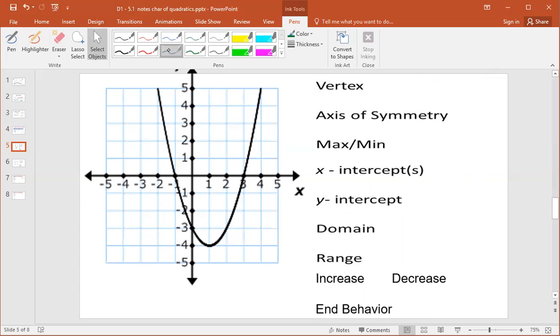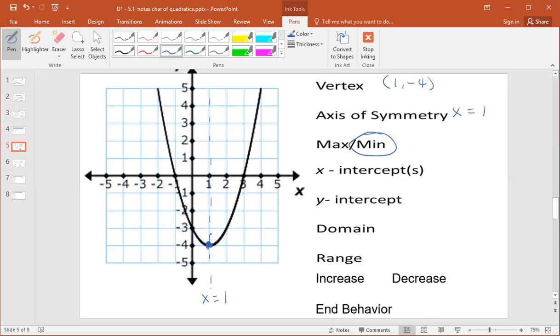Okay, so first off, we need the vertex. The vertex is right here, at 1, -4. That means our axis of symmetry is right on this line, x equals 1. It comes right through 1. This is a minimum point because it is the lowest.